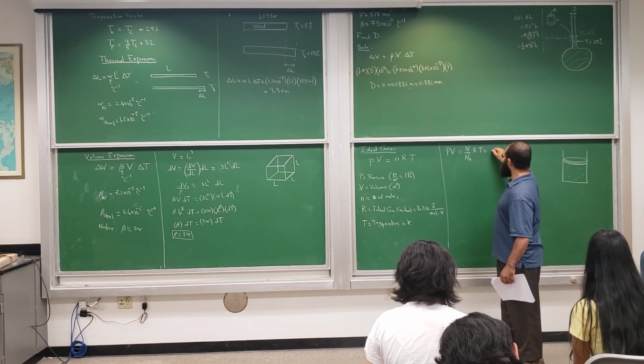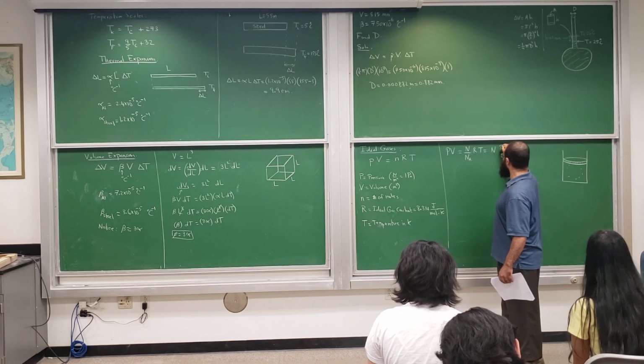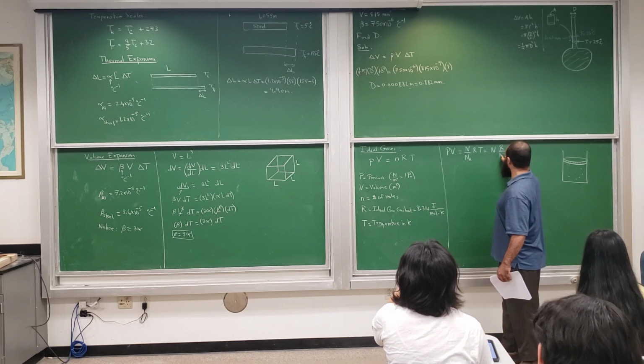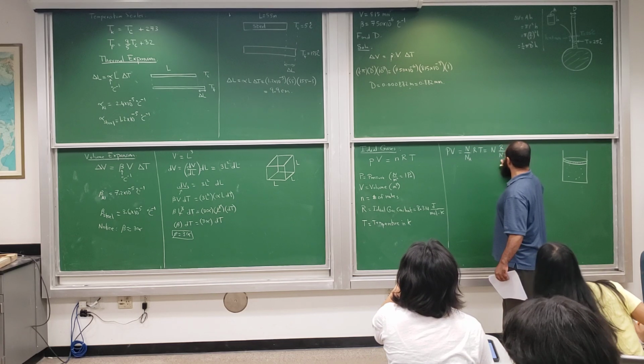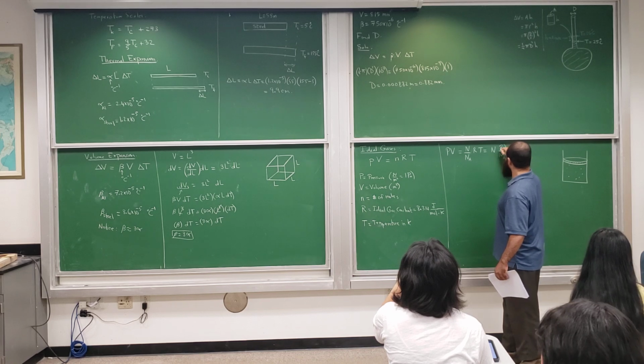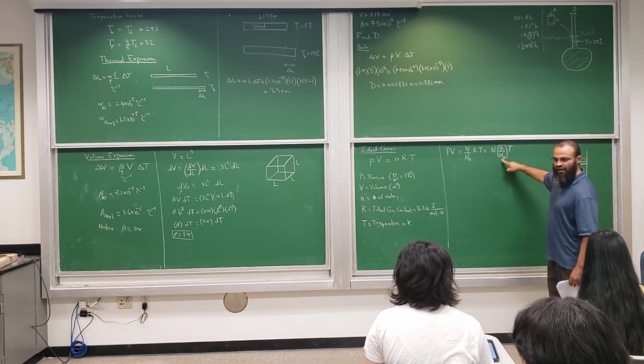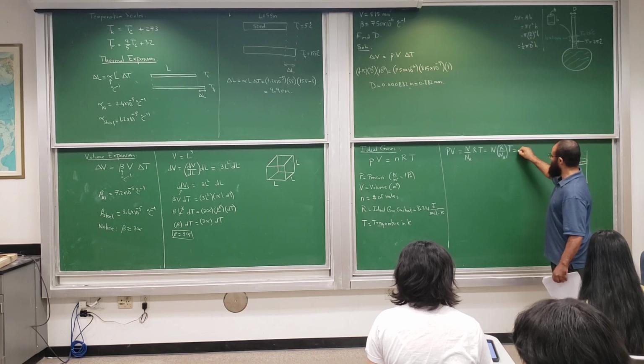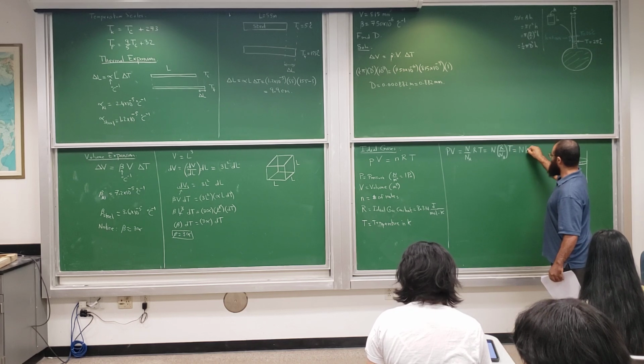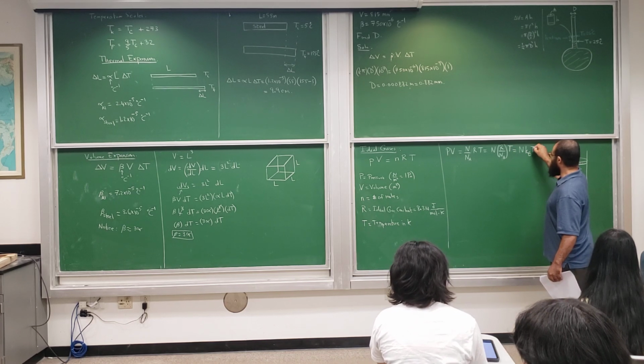Let's regroup them. We will write the number of particles and then R divided by Avogadro's number, times the temperature T. This R over NA is called kB. So N times kB times T.